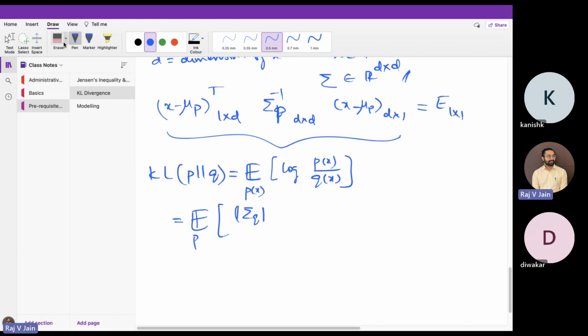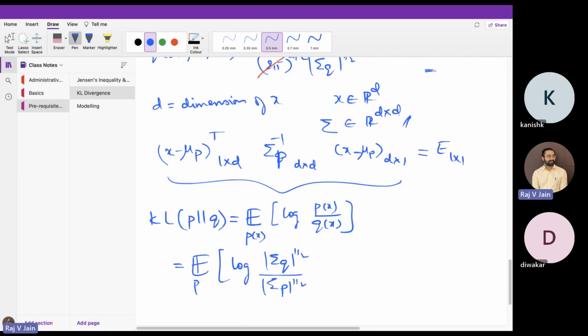So I will have here log of this quantity, sigma Q power half, sigma P power half, right?